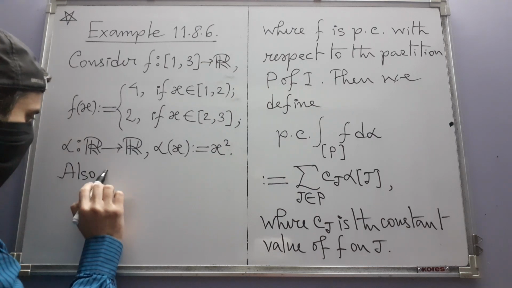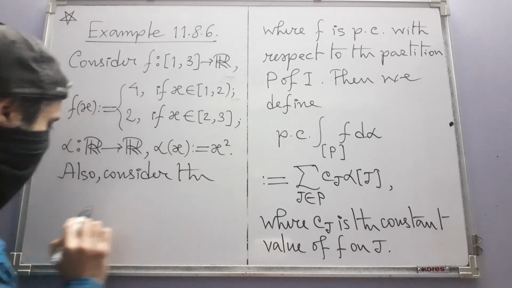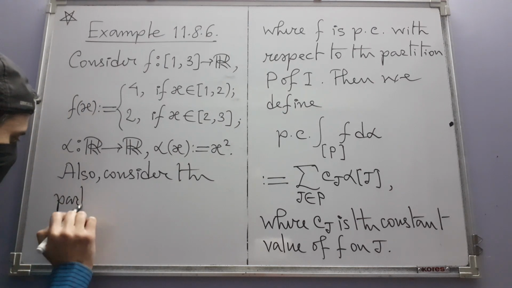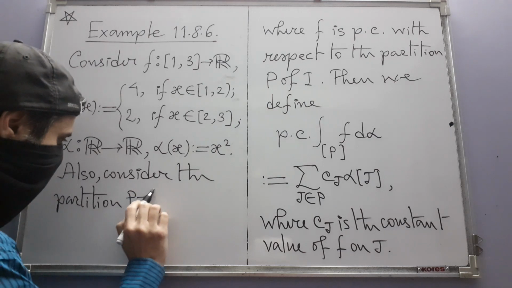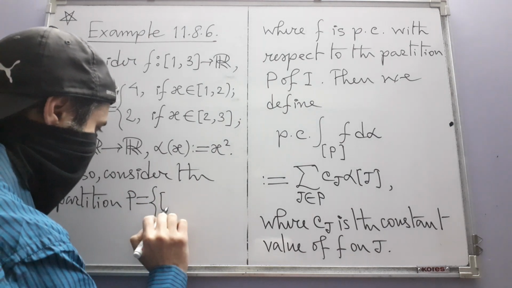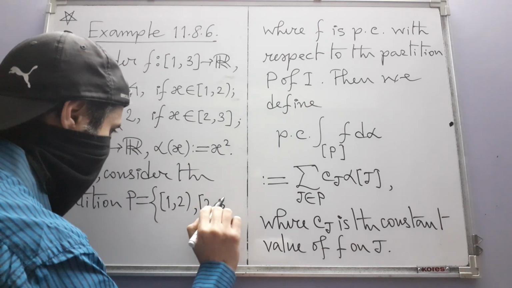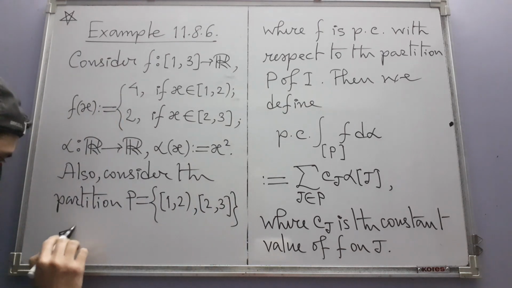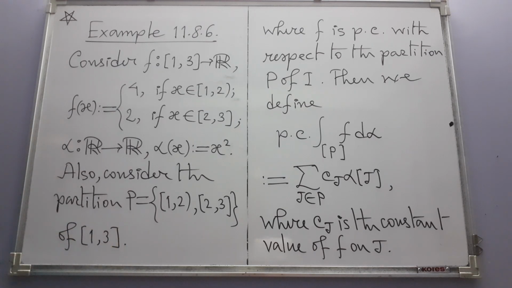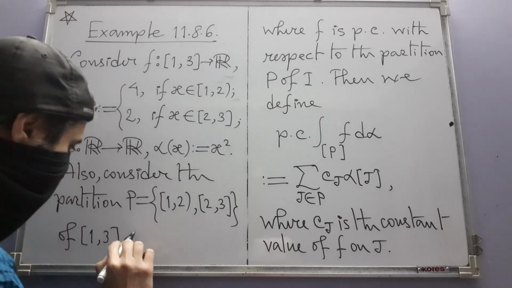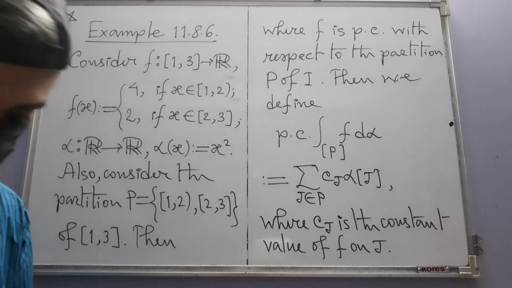Also, consider the partition P of 1 comma 3. Okay, so now we have all the ingredients. So we can now calculate the PC Riemann-Stieltjes integral.